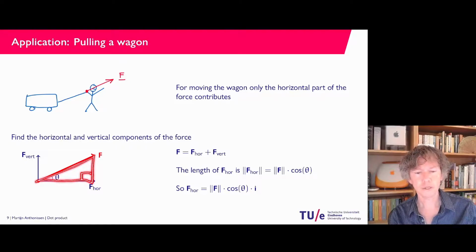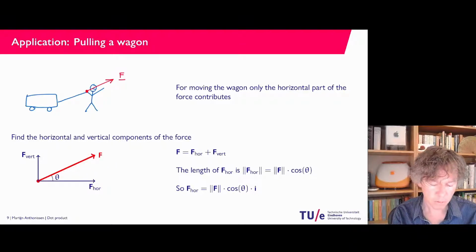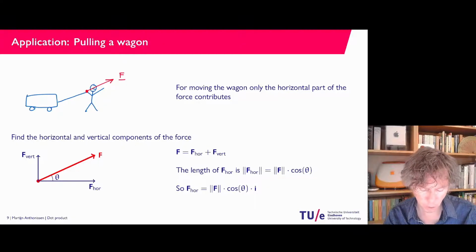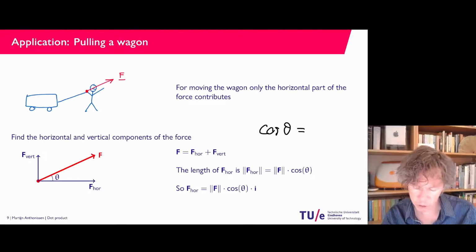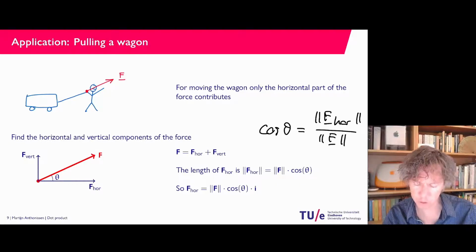So from the triangle, I know that the cosine of theta is the length of the adjacent side, this, over the length of the long side, the hypotenuse of the triangle.